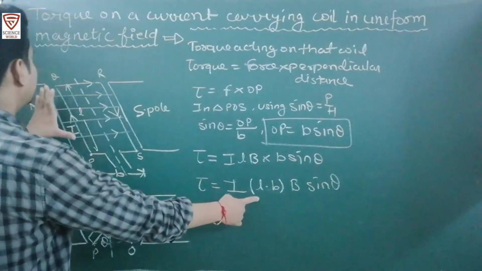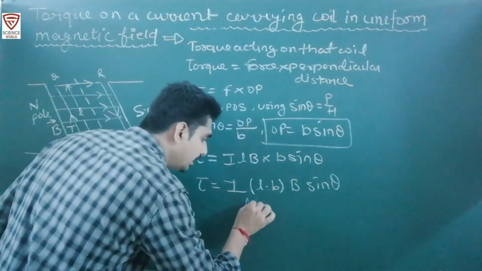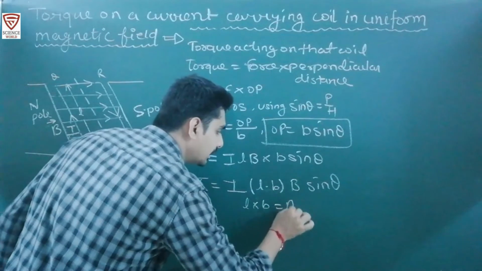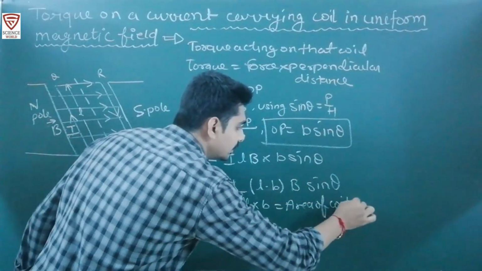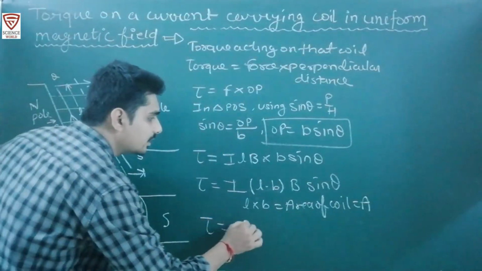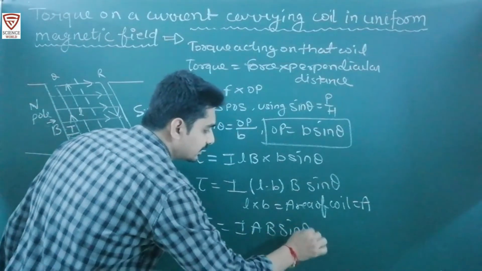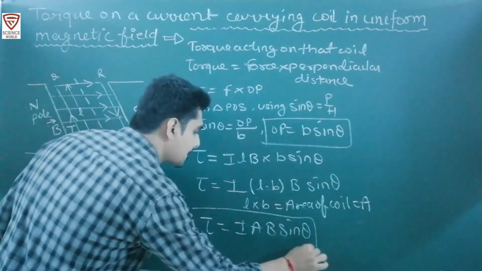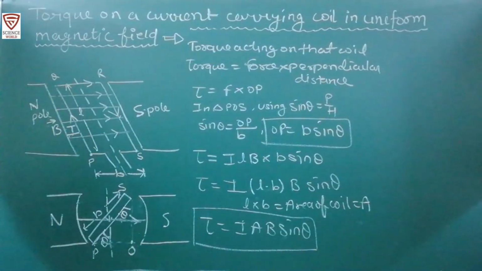L is the length of the coil, B is the width of the coil. So L into B will become the area of the coil, which is A. So tau will be I A B sin theta. First note it, then we will apply some conditions.